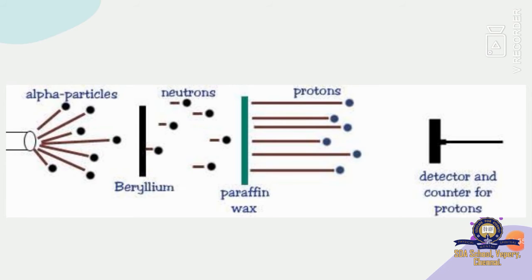So when beryllium plus alpha particles are reacted, carbon and neutrons are emitted. So through this experiment, he concluded that there is another particle present in atom other than proton and electron, which is neutron. This is how neutron is discovered.